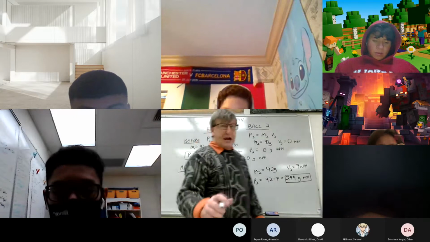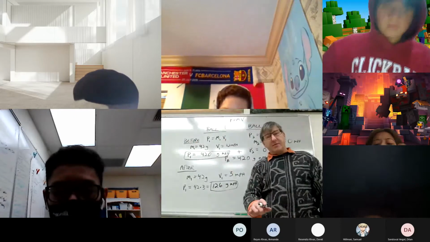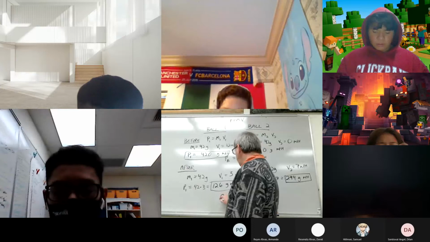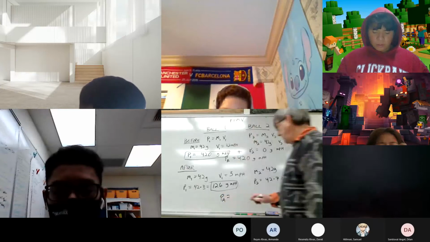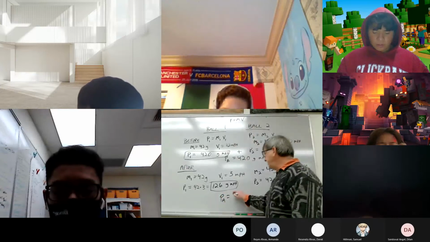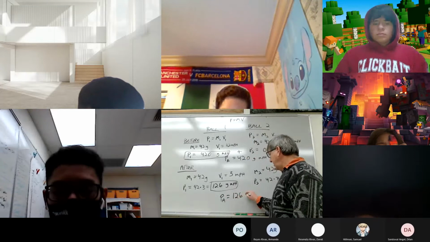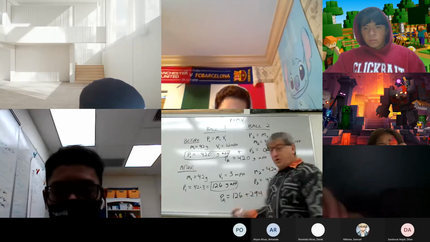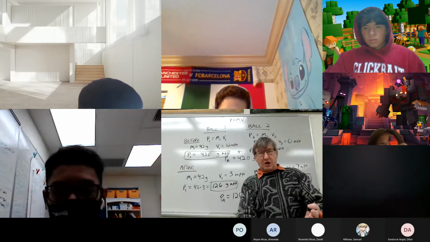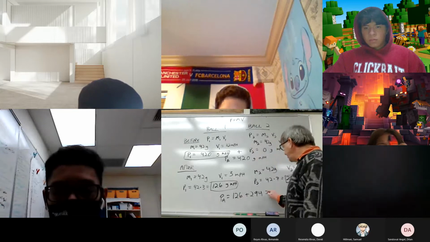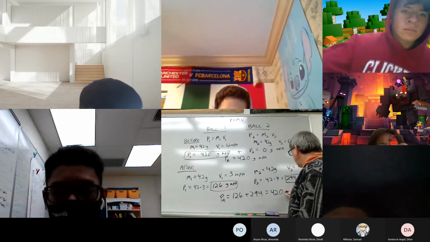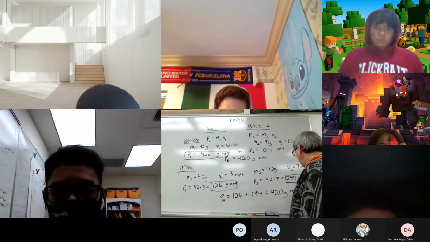But what I really want to do now is find the total momentum after the collision. So this is going to be P after the collision. And all we have to do is add the momentums of the 2 parts of the system together. The 2 parts of the system would be ball 1 and ball 2, right? We add those together and we get 420 gram miles per hour.